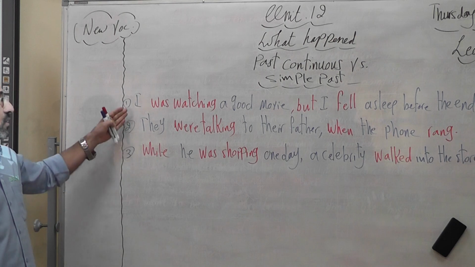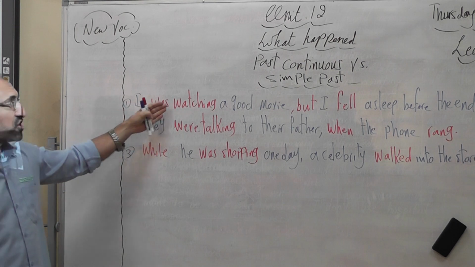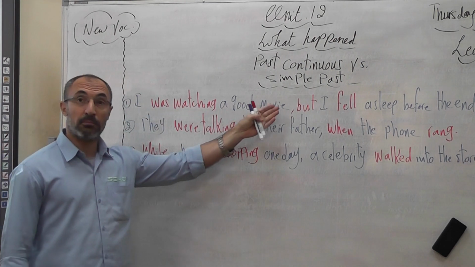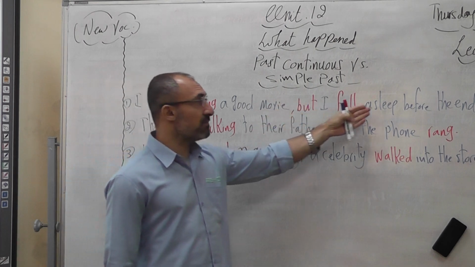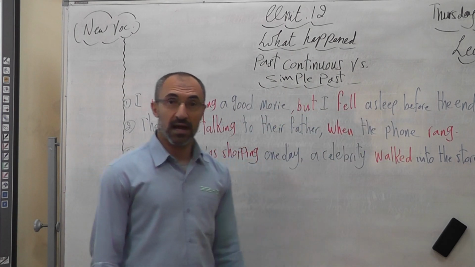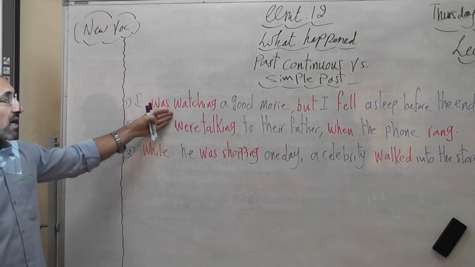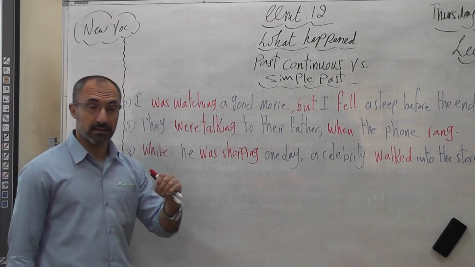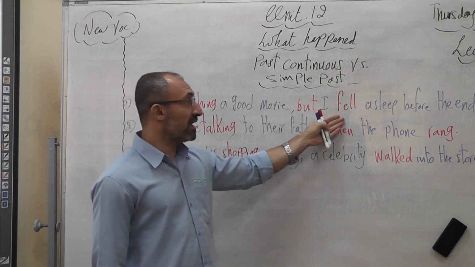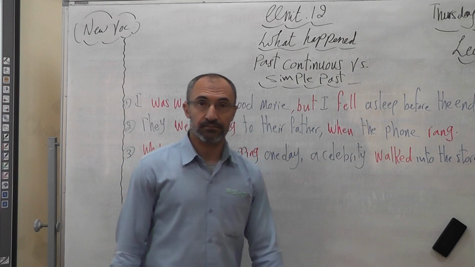For the first one: I was watching a good movie, but I fell asleep before the end. Again, let's read our sentence. I was watching a good movie, but I fell asleep before the end.